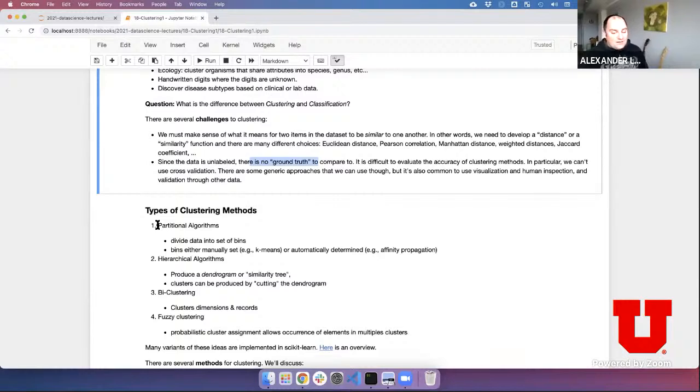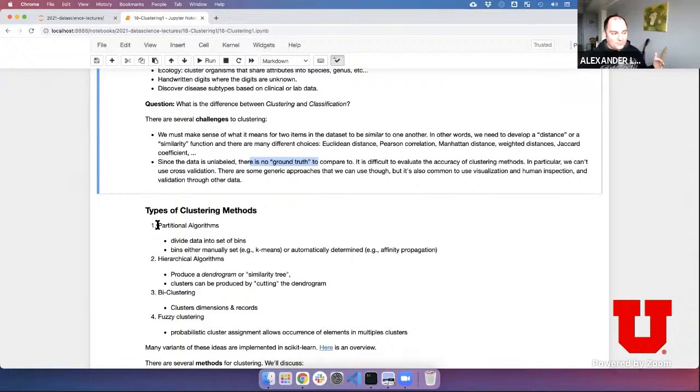For partitional algorithms, we either set the bins manually. For example, the method that we'll be covering today, k-means, uses a manually set k, or we can try to determine it automatically. The affinity propagation algorithm, for example, automatically comes up with a number of clusters. So partitional algorithms take an input set and divide it into discrete groups.